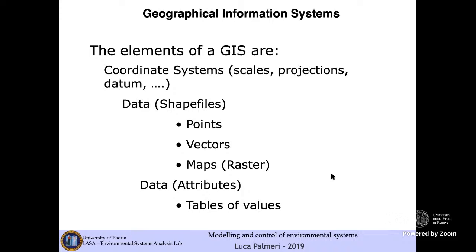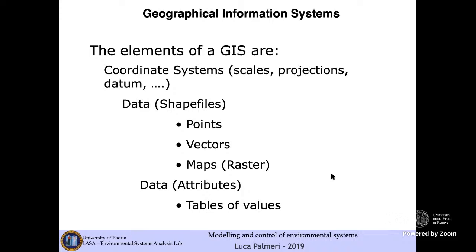On the contrary, maps or raster maps are dependent on the scales. Raster maps are subdivisions of territory in cells, so that you understand that the cell's subdivision is fixed.